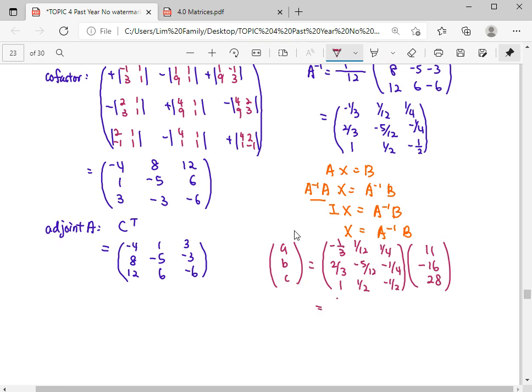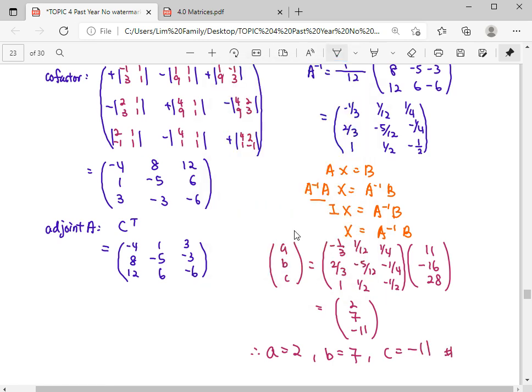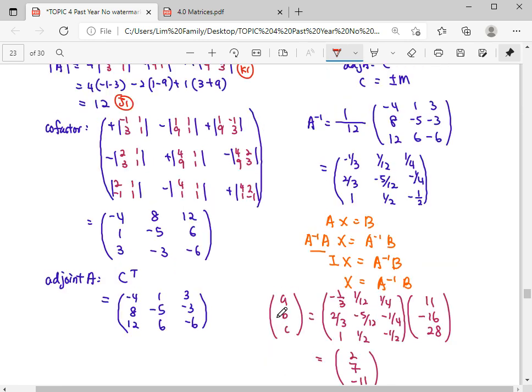So from here we can get our answer 2, 7, -11. Don't forget to take out the values, where A is equal to 2, B is equal to 7, C is equal to -11. So this is how we do solving using the adjoint method, using matrices.